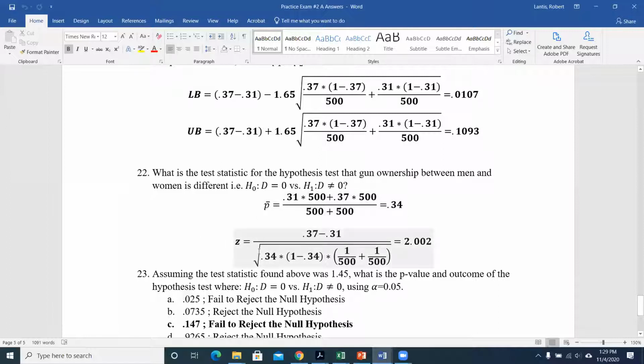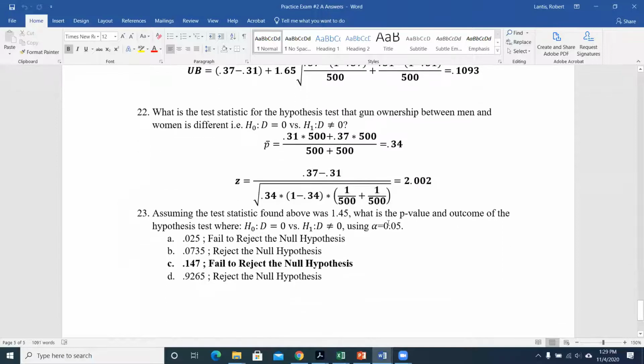I then go to that Z statistic equation, plug in P bar here, plug in my sample sizes, my sample proportions, and I get that test statistic as 2.002. Right? And then, well, let's not look at the answers first.